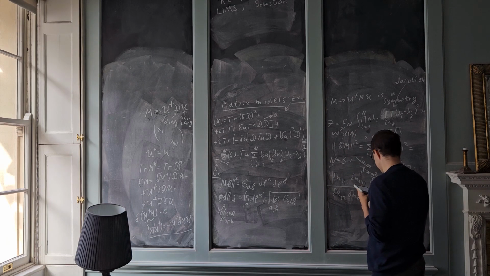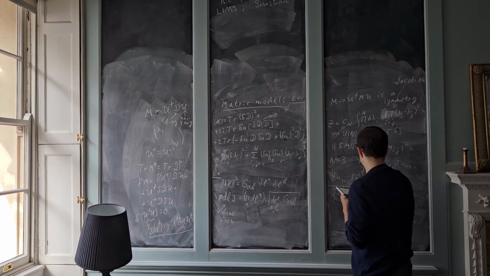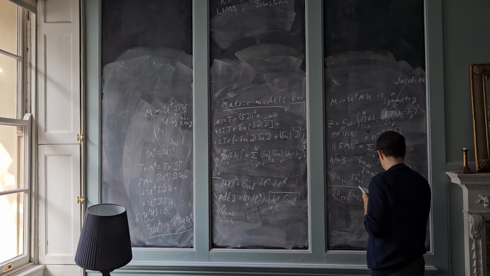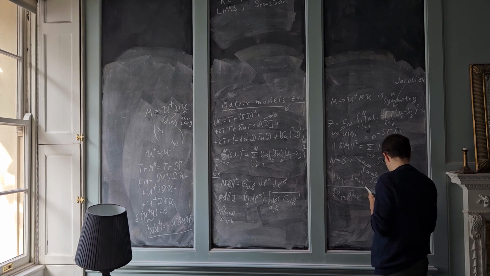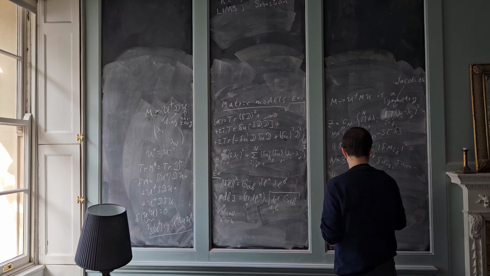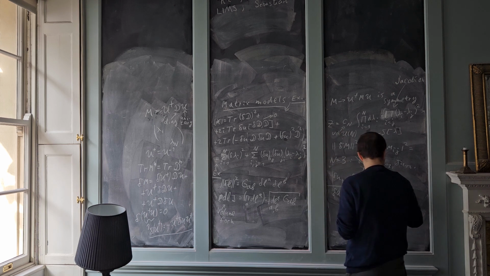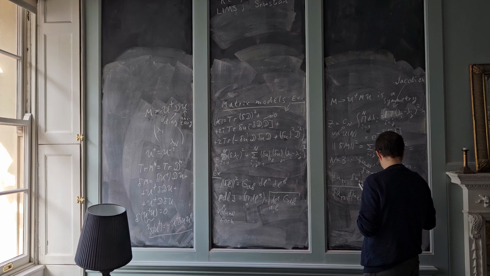So this 2 by 2 part of our big matrix, the diagonal entries are 0. The off-diagonal ones will be this lambda 1 minus lambda 2 squared.